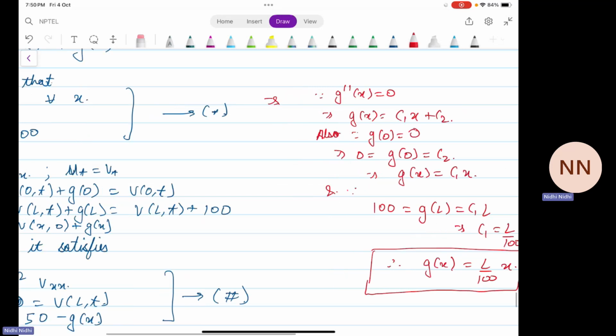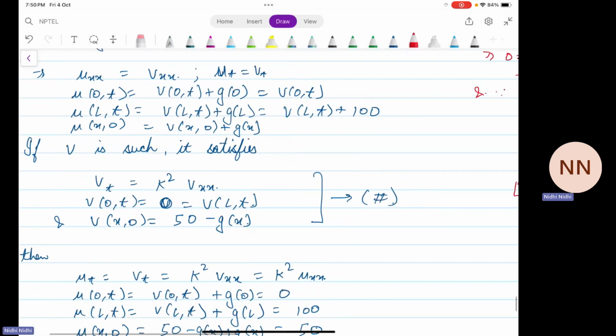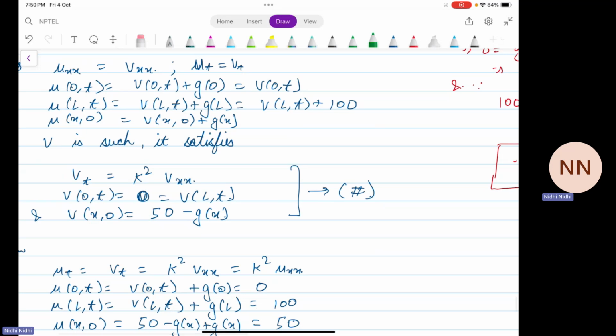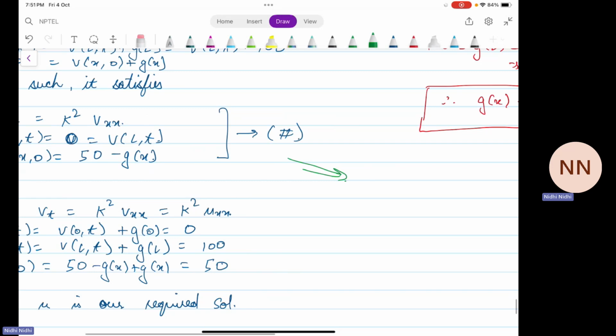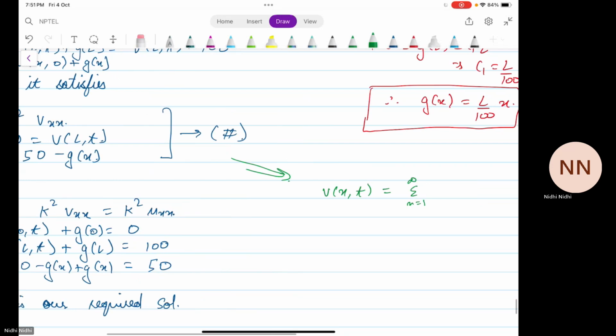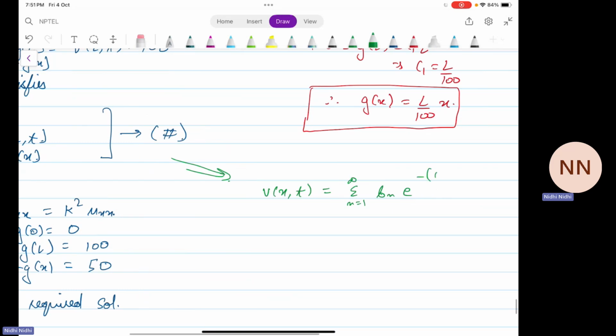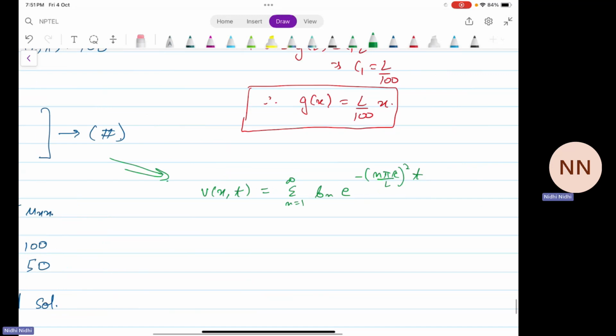Now we need to find V. Since V is a solution of the system, following the same methods that we had done in the previous questions, we get V(x,t) is equal to summation n from 1 to infinity Bn times e to the power minus n squared pi squared c t by L squared, sine n pi x by L.